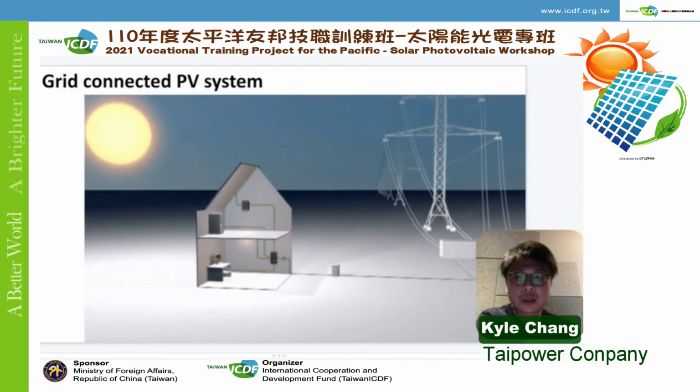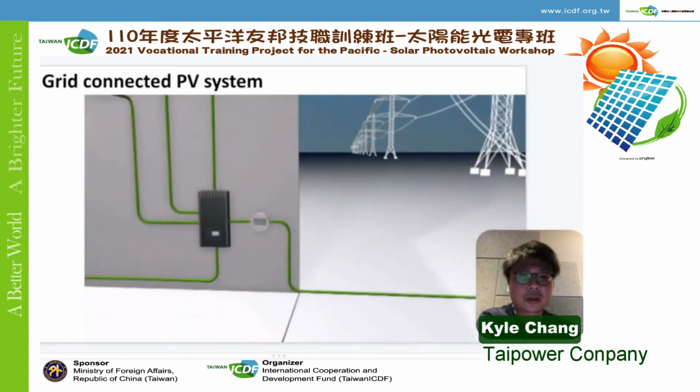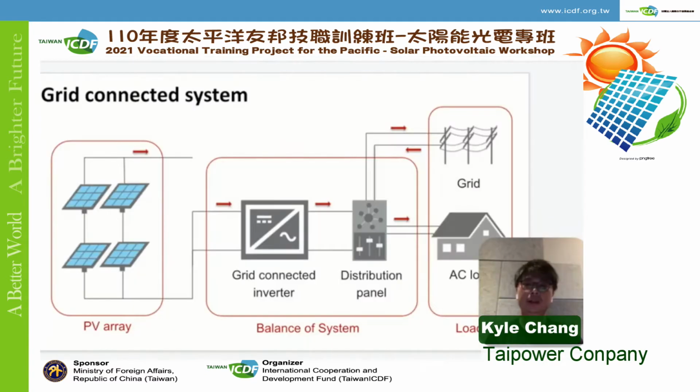We can see the same system topology in the following diagram. And here you can see the normal grid connected PV system. The grid connected PV system topology is especially common in countries that have supporting solar policy, where the extra power generated by the consumer can be fed back to the electricity grid.